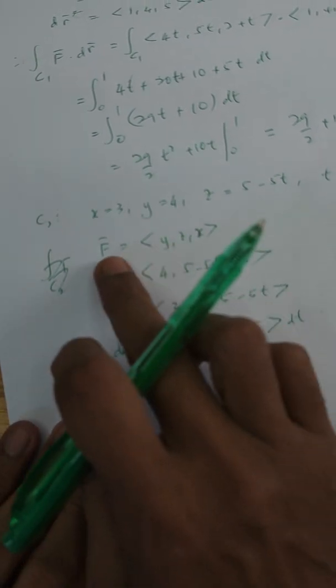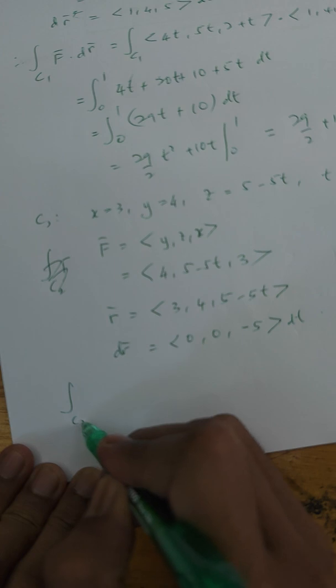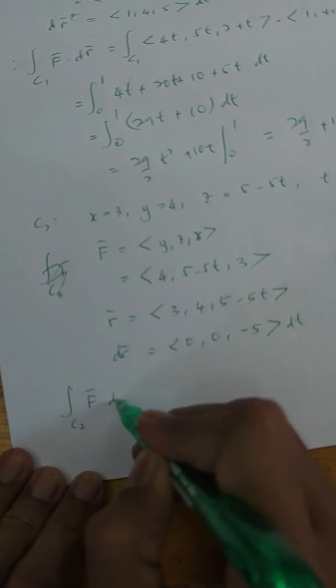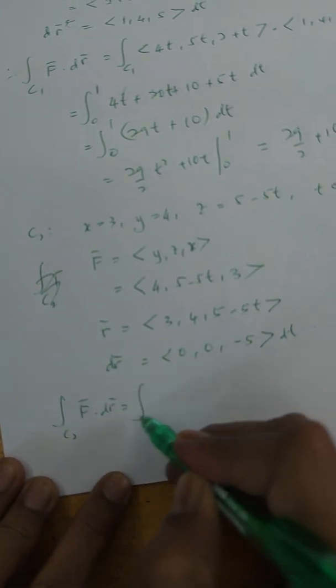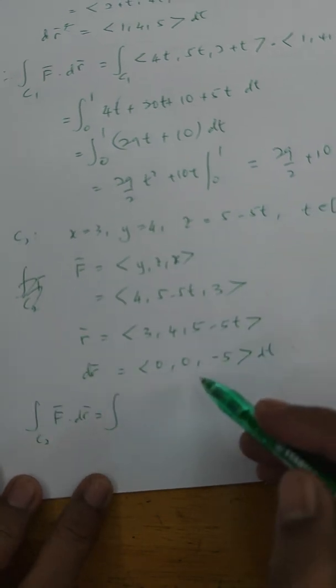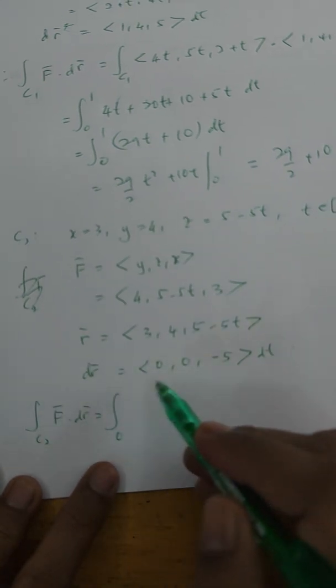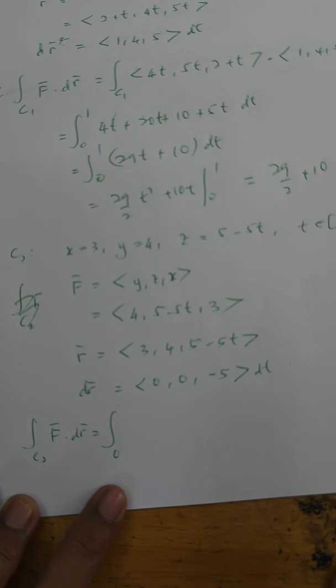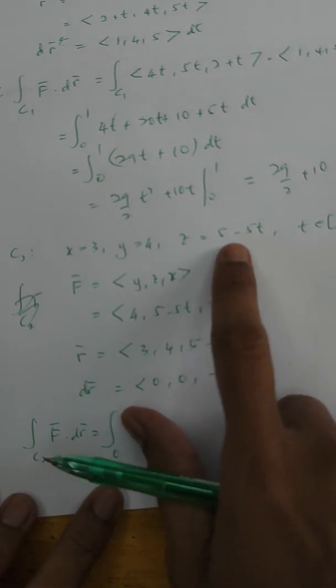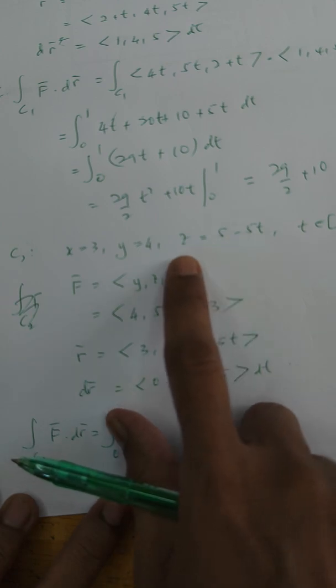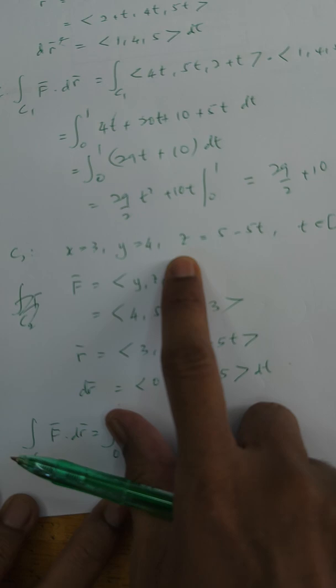Okay, so therefore the integral over C2 of F dot dr, our C2 is from 0 to 1, or 1 to 0. Let's check this. When z equals 5, you got t equal to 0.